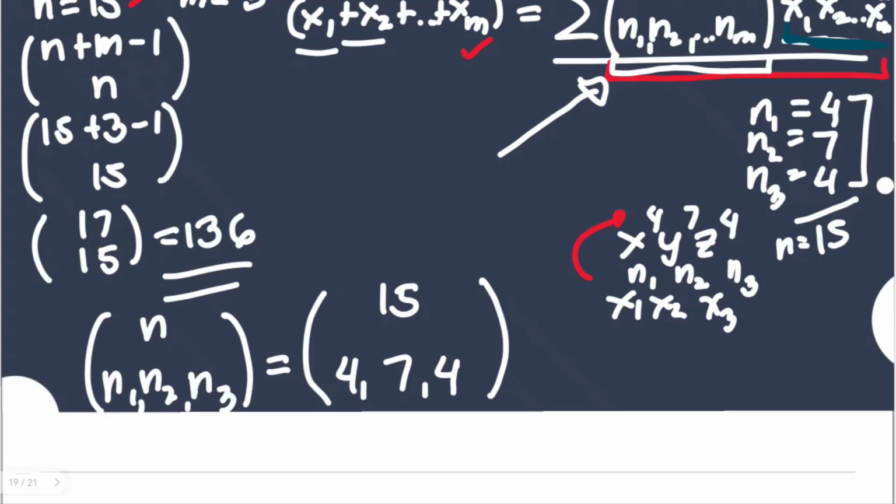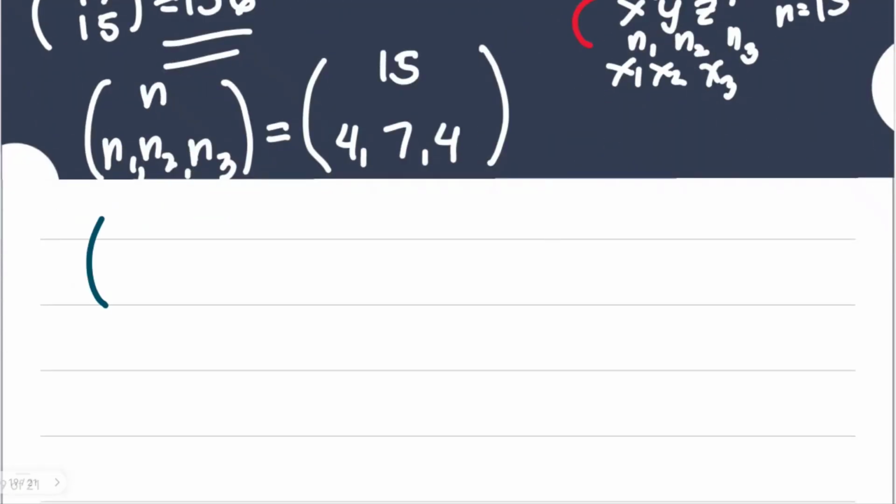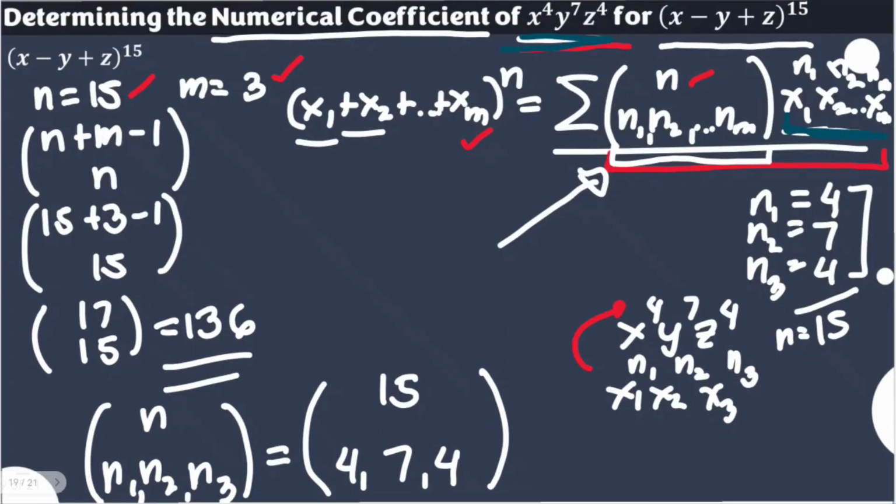Before we start solving for this, there is an important concept that we also need to learn, because aside from this combination 15, combination 4, 7, and 4, this is not the complete formula for the identification of the numerical coefficient, because when you look at our trinomial expression, not all of them are having a numerical coefficient of 1.